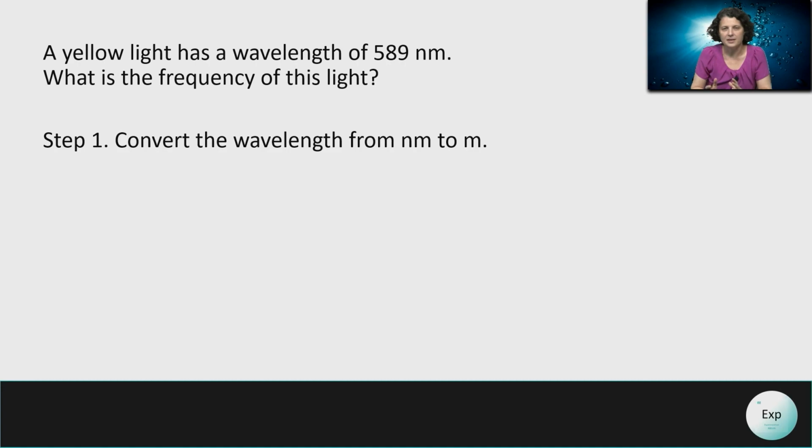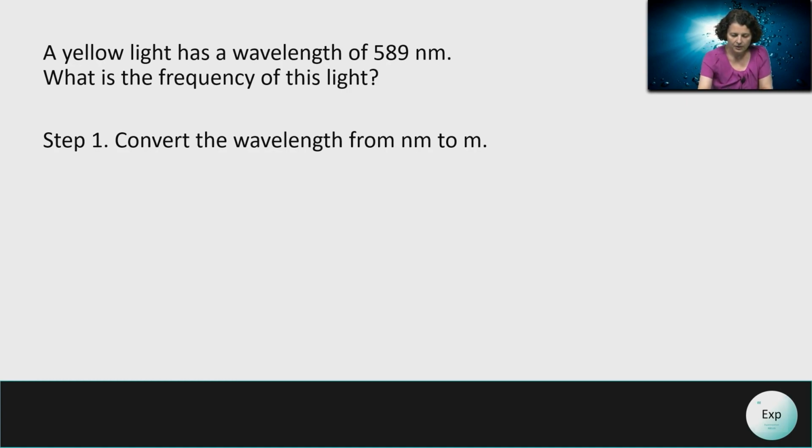Another type of problem that can come up in the context of electromagnetic radiation and the relationship between frequency and wavelength is the interconversion among these two properties. Here we have a light that is yellow in color. We have the associated wavelength as 589 nanometers, and the task is to determine the frequency associated with it. Step one is going to be to convert to the base unit of our property, and that is from nanometers to meters.